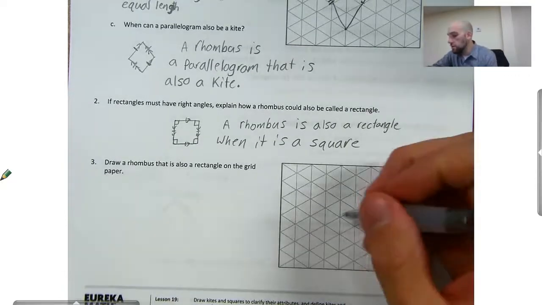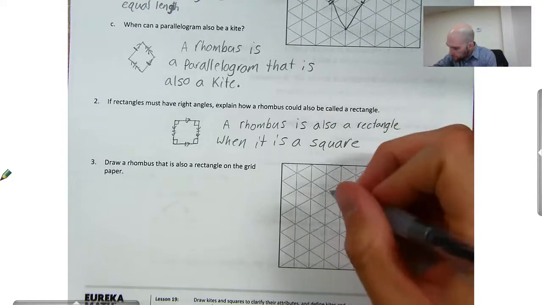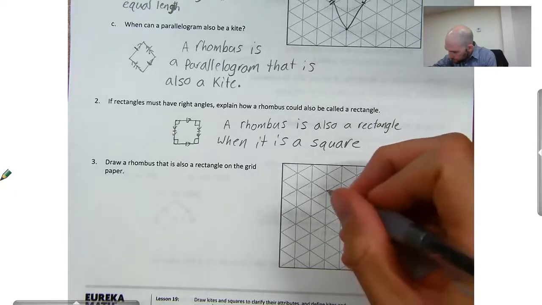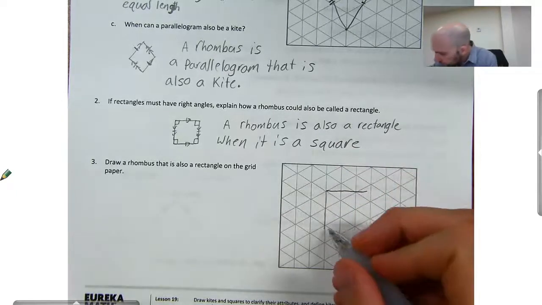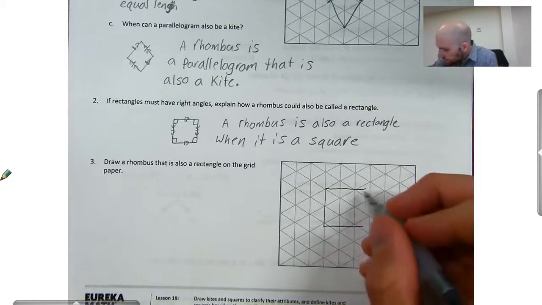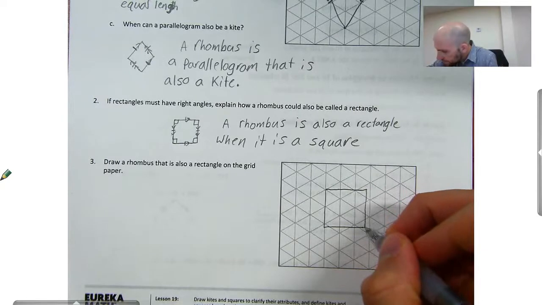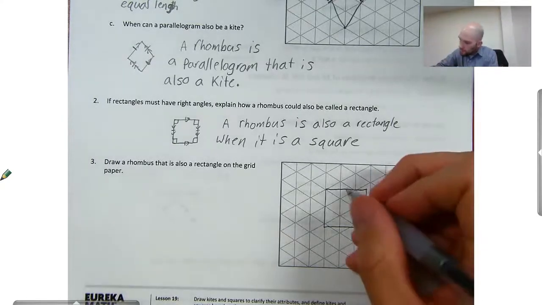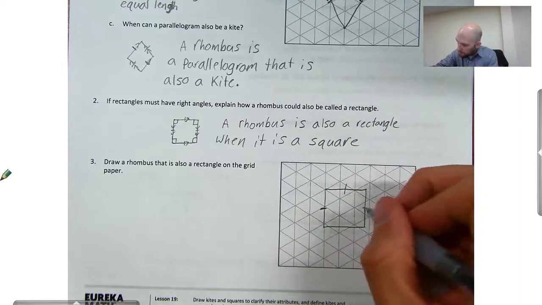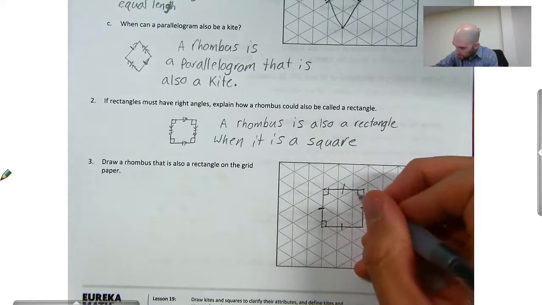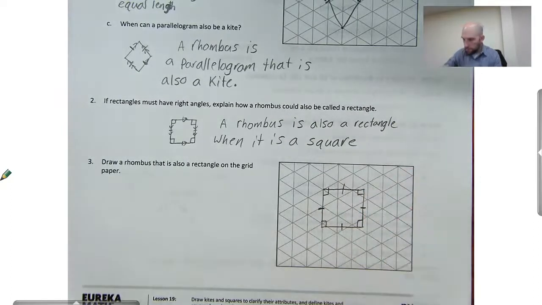So it's really just asking us to draw a square here. I'm doing my best. I'm not really going to be able to use the grid paper fully because we don't have the right directional lines for this. But if we have all sides the same length, and we have all angles at right angles, we have a square. And that's a rhombus that's also a rectangle, which is a square.